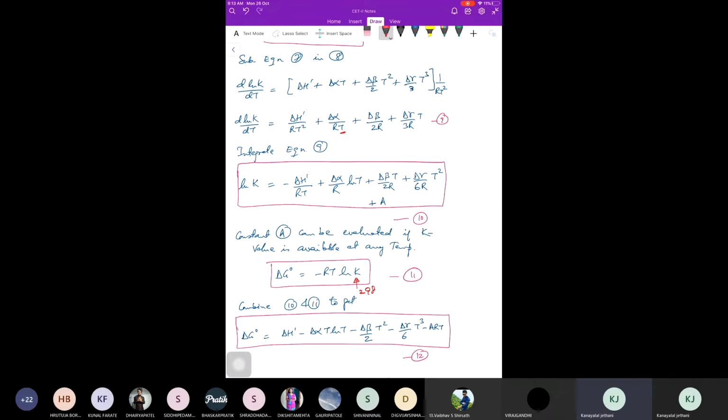So what we are doing is putting equation 10 in 11.